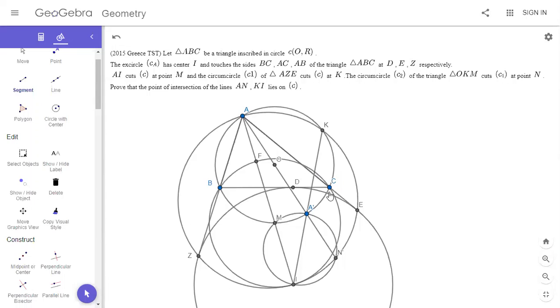And then AKC is AN prime C. So AIK is equal to AK.